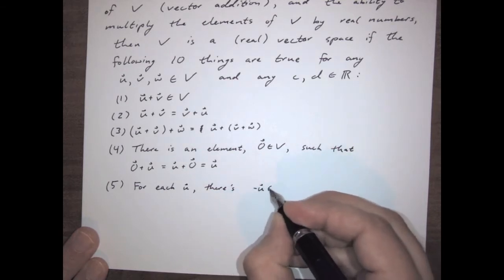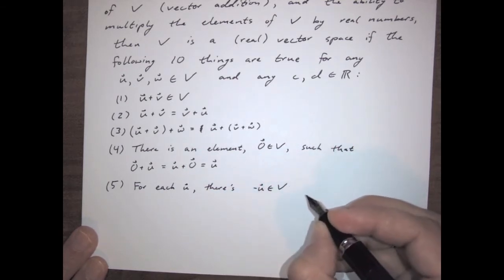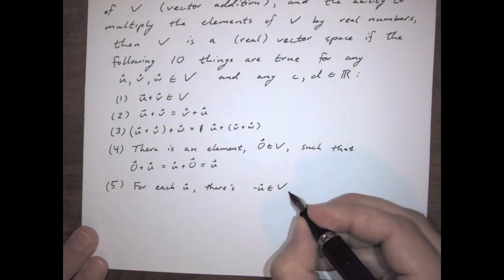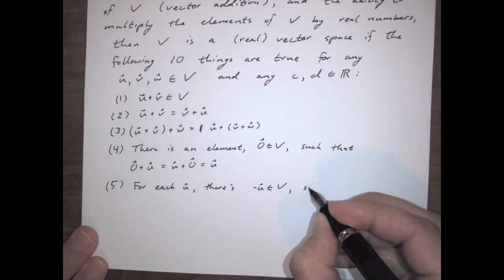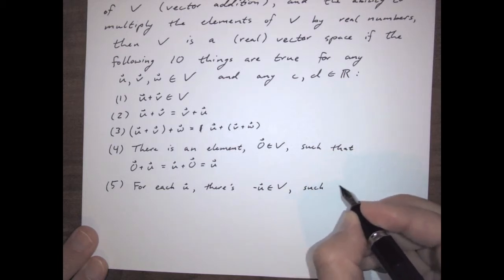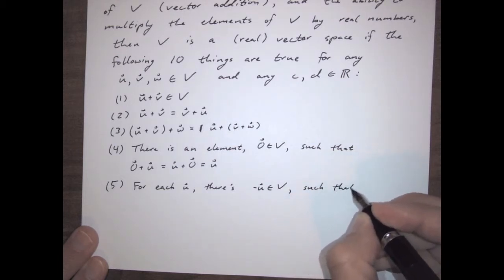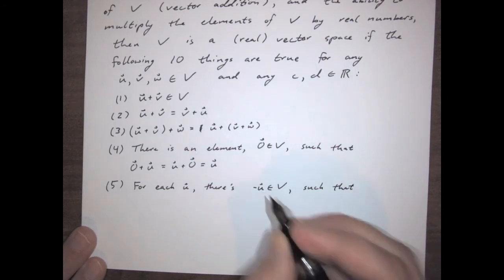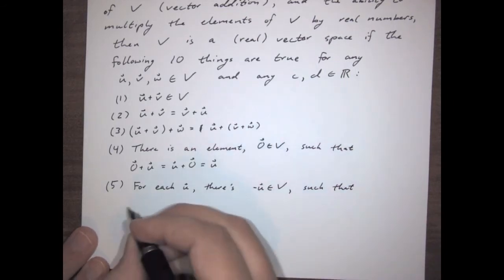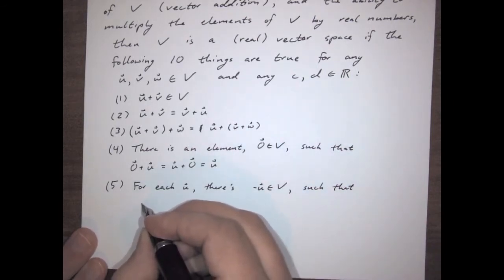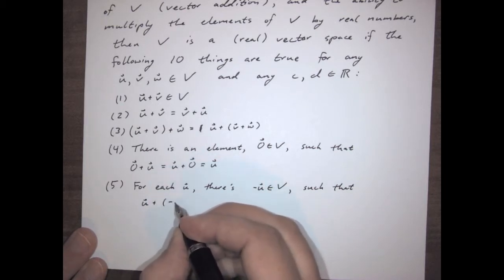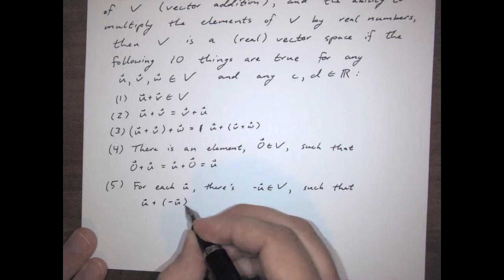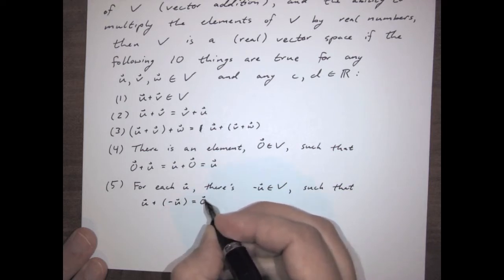There's negative u, which belongs to v, and what makes the negative do what it does is that it cancels out the original u. So u plus this negative u has to equal 0.